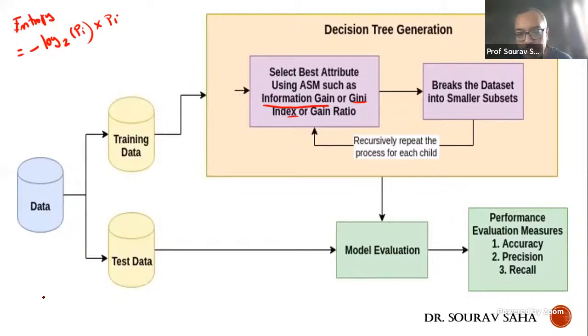Coming to the decision tree generation, we already discussed that first you take the data and split it into training and validation. You build your model on the training part. Find out recursively which particular variable is most important for your problem, and work on it until you arrive at a model which is able to make decisions for you.